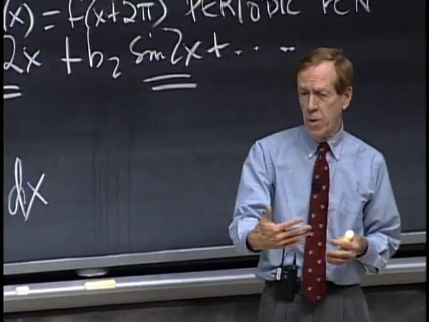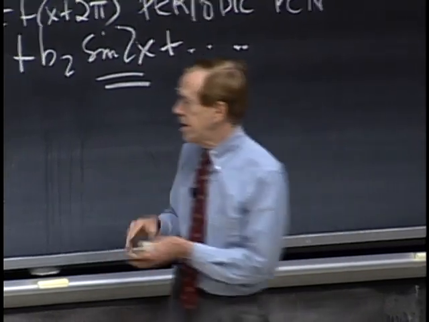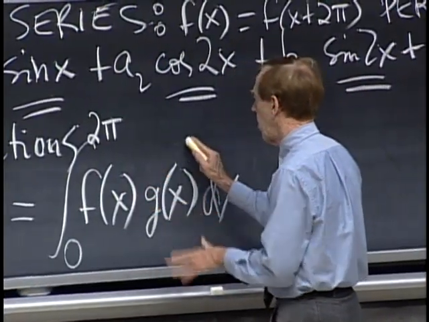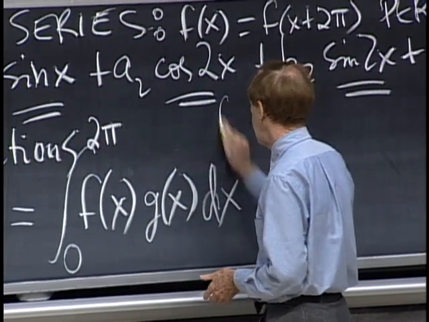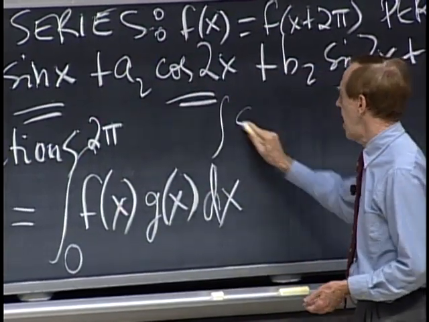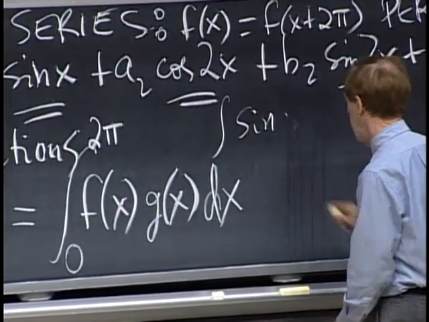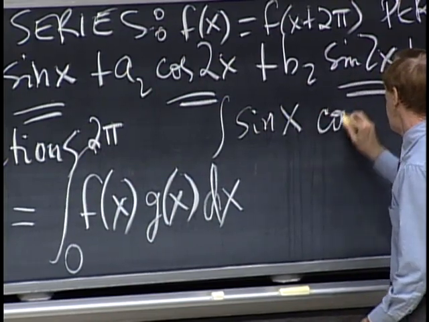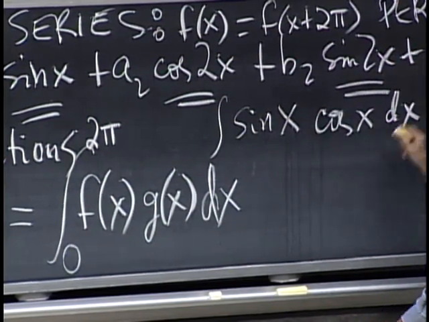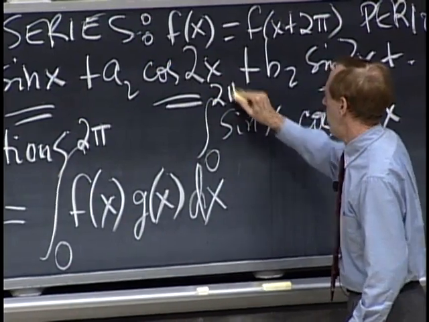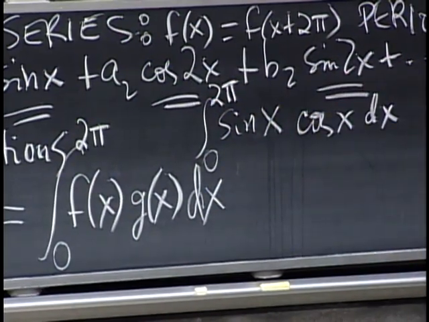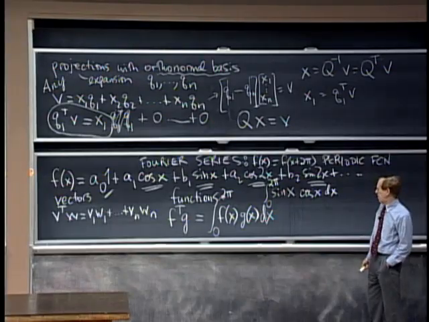Then I have the idea of orthogonality, so let's just check orthogonality. If I take the integral of sine x times cos x dx from 0 to 2 pi, I think we get 0.